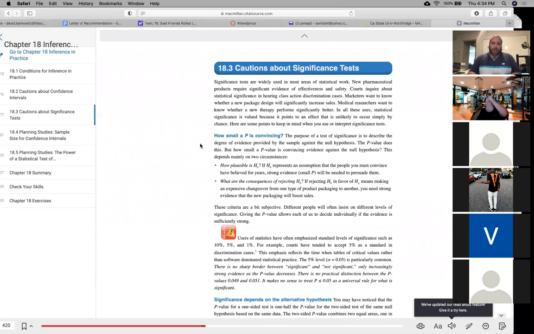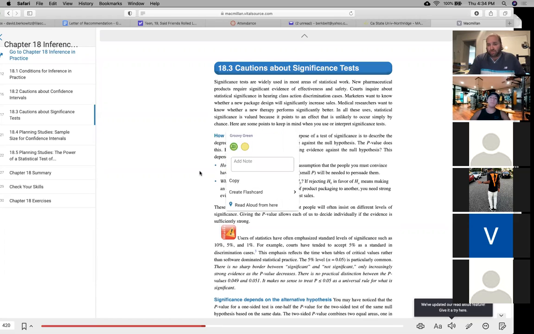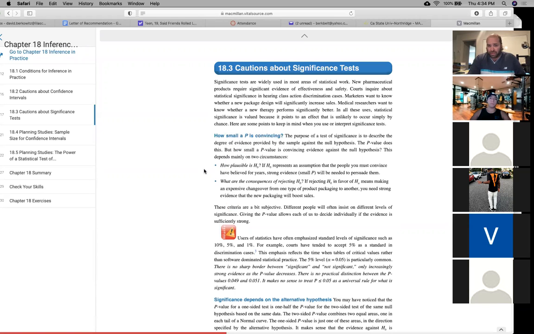Okay. So there's two things you should ask yourself. First, how plausible is the null hypothesis? If the null hypothesis represents an assumption that the people you must convince have believed for years, then you're going to need very strong evidence to persuade them.